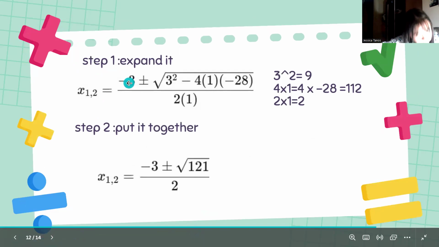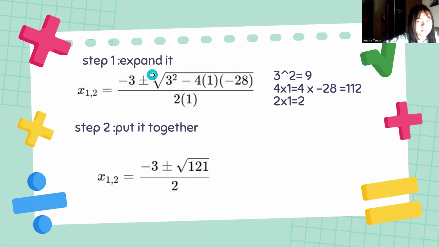So the second thing we need to do is expand it. As you can see here, 3 squared is equal to 9. So this is 9 minus 4 times 1, times negative 28, which is negative 112 actually.